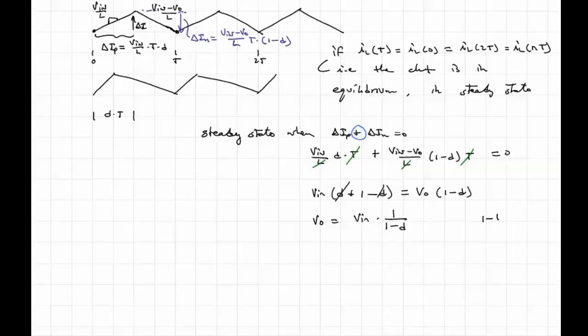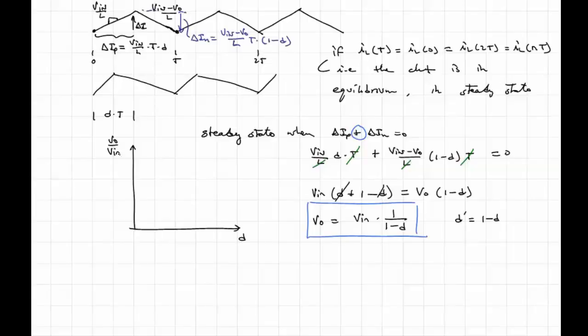Sometimes 1 minus D is defined as D prime, just so you know what it means if it shows up somewhere. So this is very interesting. If we plot the voltage V out versus duty cycle, and maybe we can even plot V out over Vn, we'll find that at a duty cycle of 0, this starts at 1, and this goes up to a duty cycle of 100%.